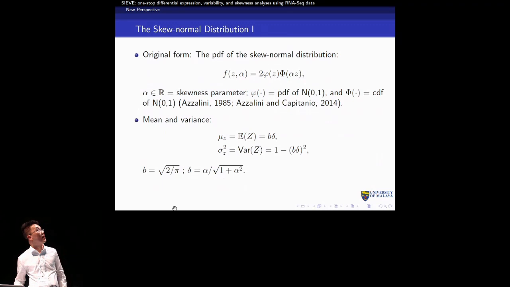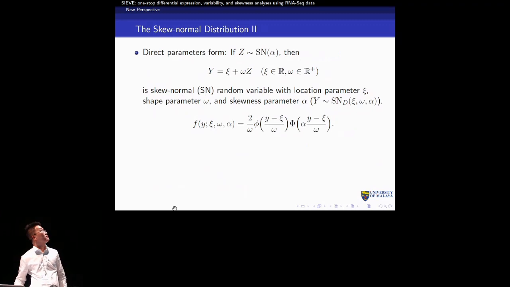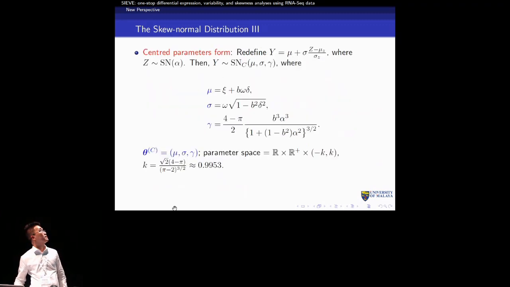For our method SIEVE, SIEVE models the CLR transformed counts by using the skew normal distribution. Here are the three forms of the skew normal distribution with their properties.